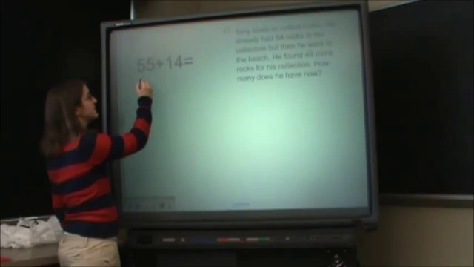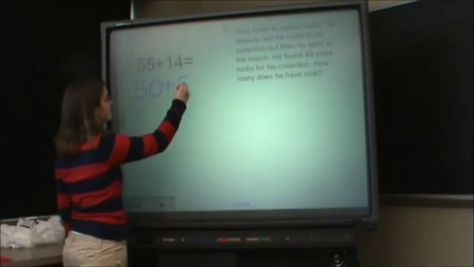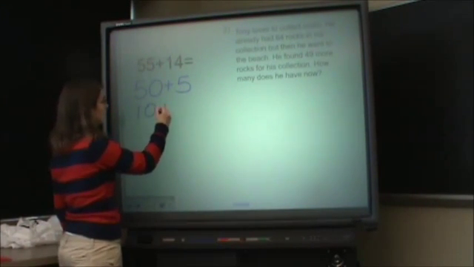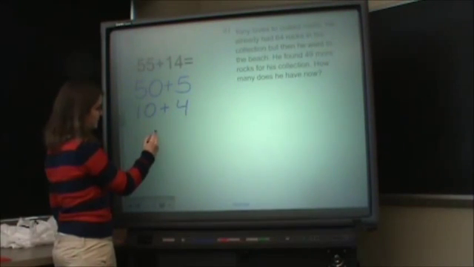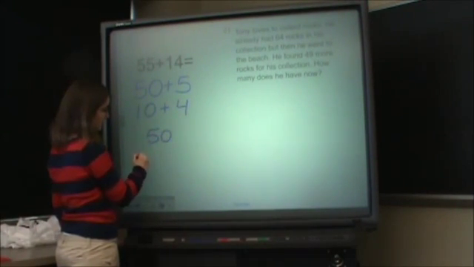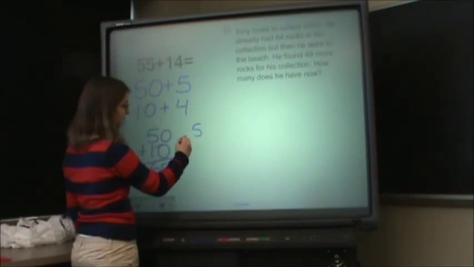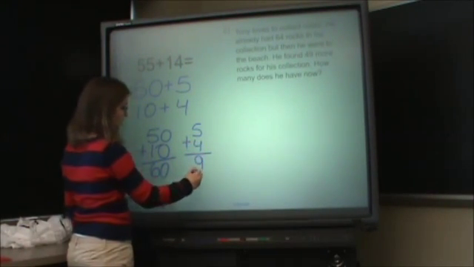Let's split up the 55 into 50 plus 5 and our 14 into 10 plus 4. With this, we're going to add up 50 plus 10 to get 60, and 5 plus 4 to get 9.